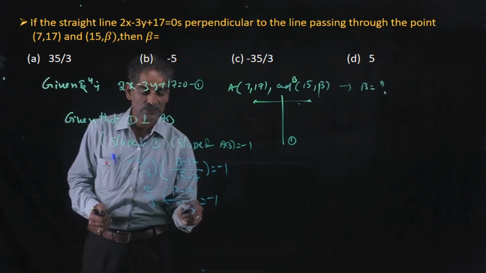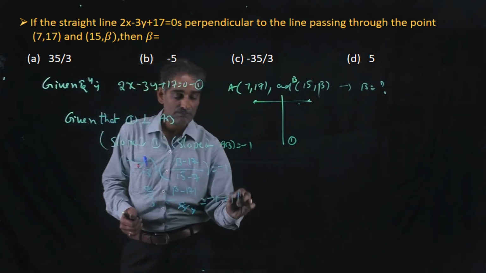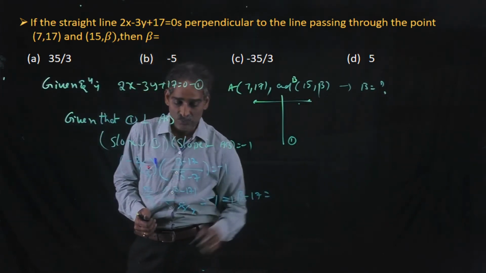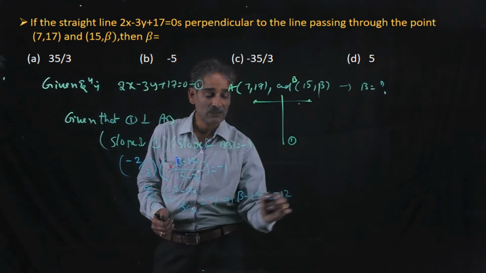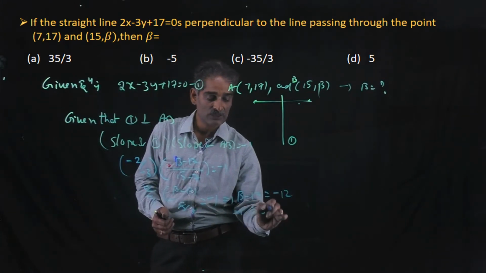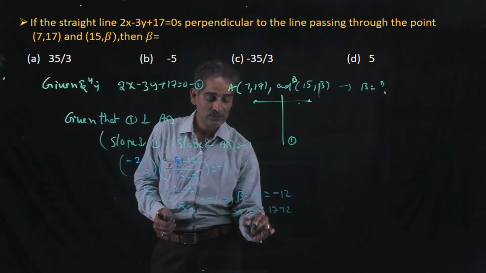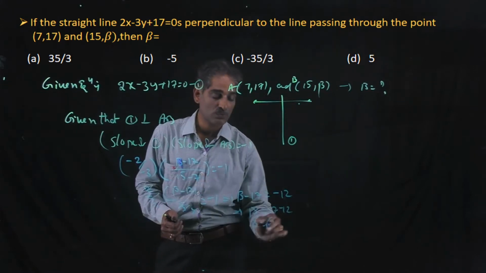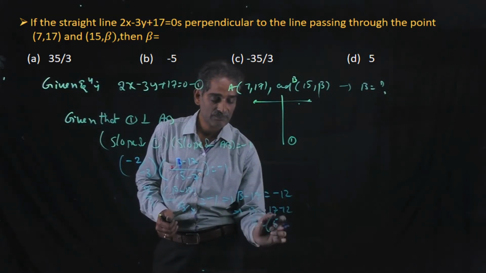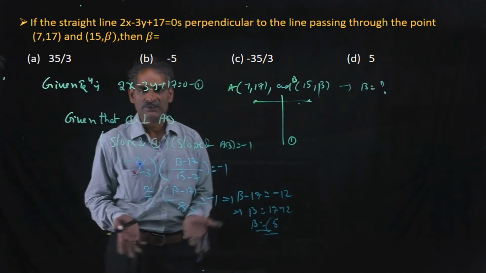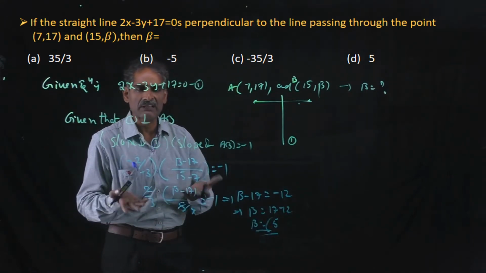That means beta minus 17 is equal to minus 12. This implies beta is equal to 17 minus 12. Therefore, beta is equal to 5. That's it. Very, very easy, a direct problem.